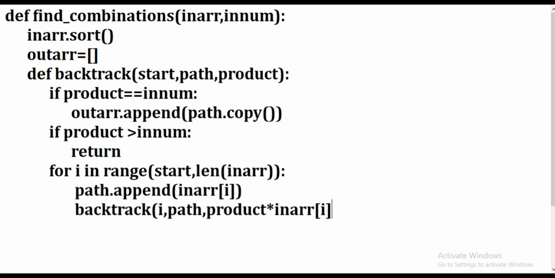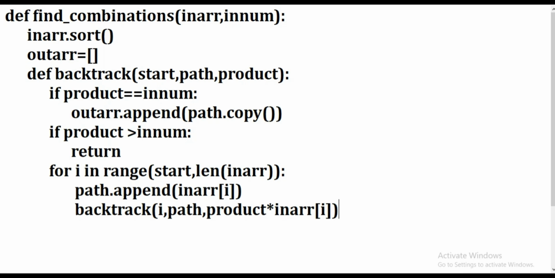This is the main step of this code. The possible combinations are stored in the path, and the path copy is appended to the outer array.